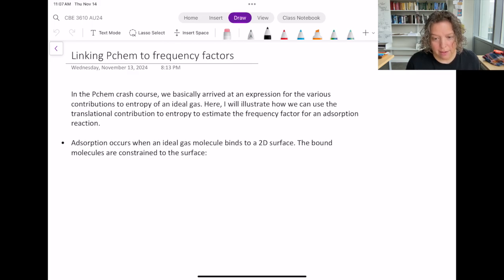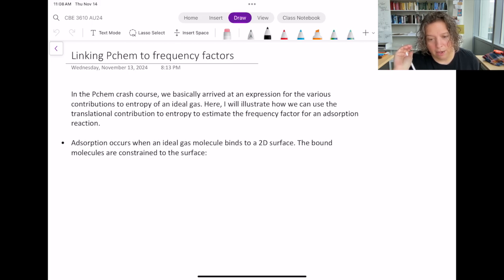So basically in the crash course, we took 3 crash courses, about 30 minutes each, and at the end of all of that, we arrived at an expression for the various contributions for entropy of an ideal gas. So there are 3 contributions to entropy: translational entropy, vibrational entropy, and rotational entropy. That's for molecules.